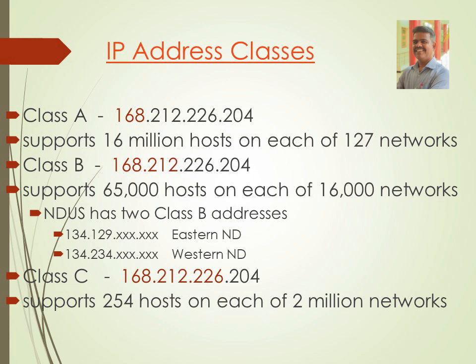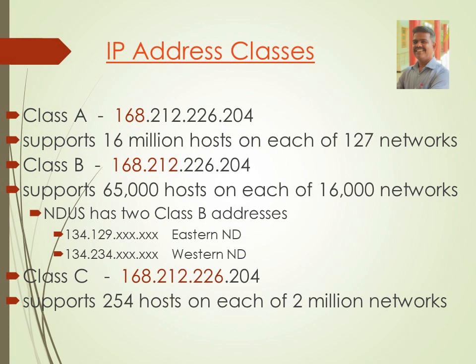If the first octet value is between 128 to 191, it is classified as class B type. If the first octet value is between 192 to 223, it is classified into class C type.